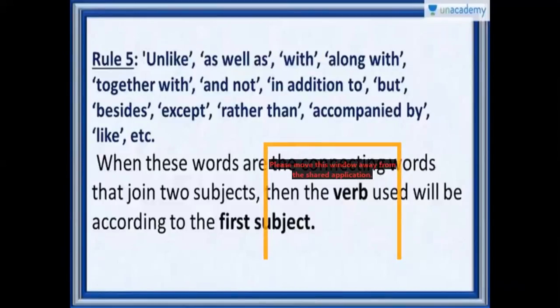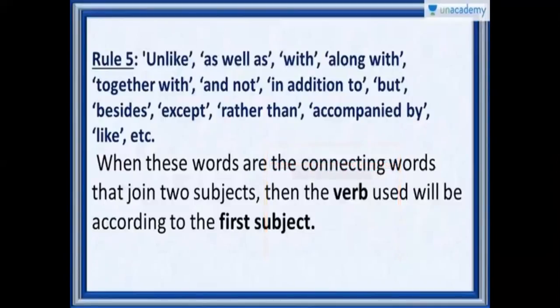Have. Is have a singular verb or plural verb? Plural verb. 99% it is a plural verb. Only 1% it is a singular verb. So it has to be plural. Why? Because the first word along with unlike is her friends. Friends is plural. So we need to use have.